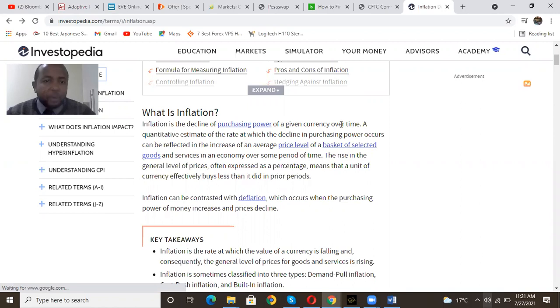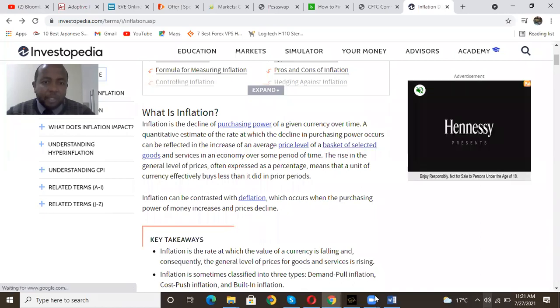Why? Because inflation is a quantitative estimate of the rate at which the decline in purchasing power occurs, and can be reflected in the increase of an average price level of a basket of goods and services in an economy over a period of time. So I think that's okay.